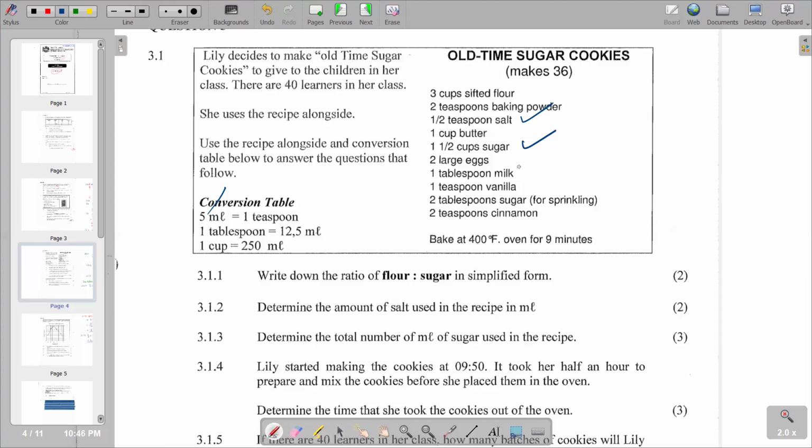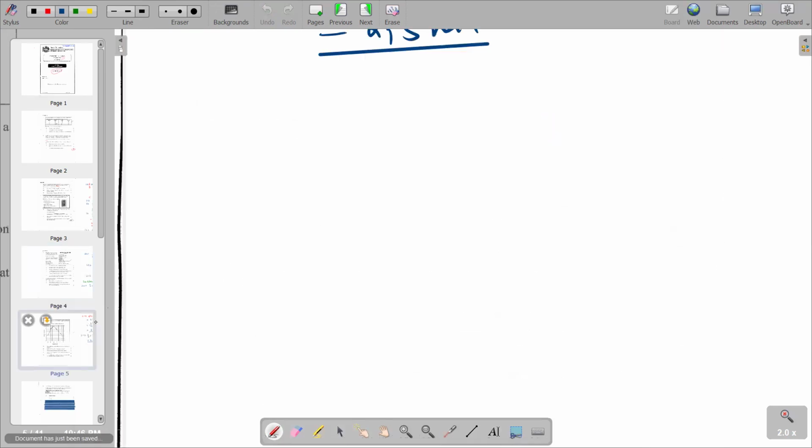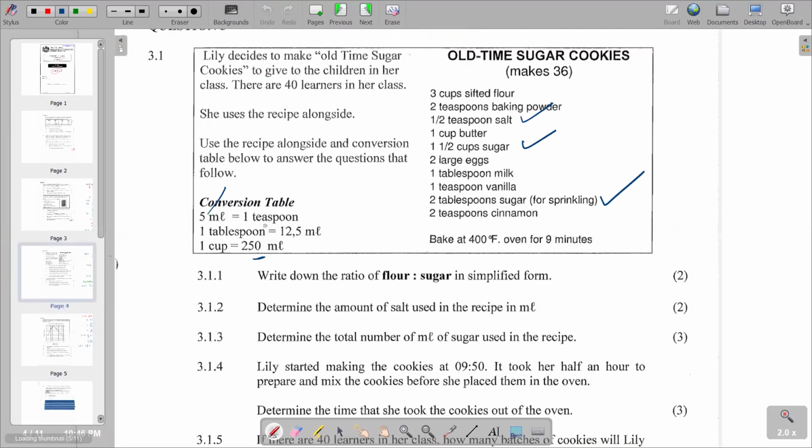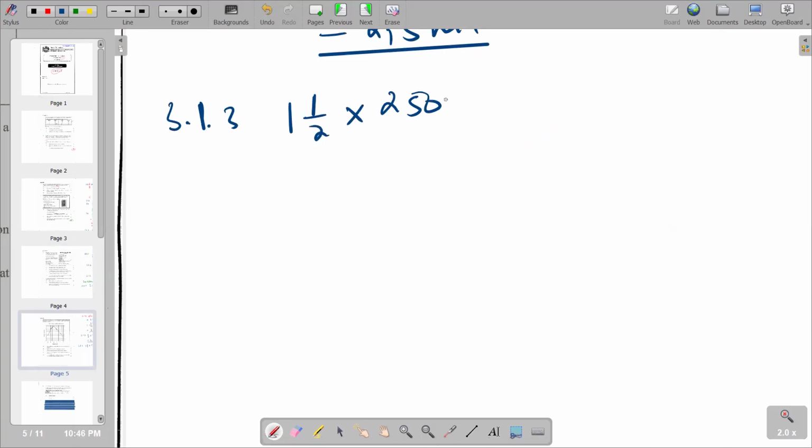And then we also have where we put sugar also is here, where we put 2 tablespoons. So we say 1.5 multiplied by the milliliters in a cup, so obviously it's over 1.